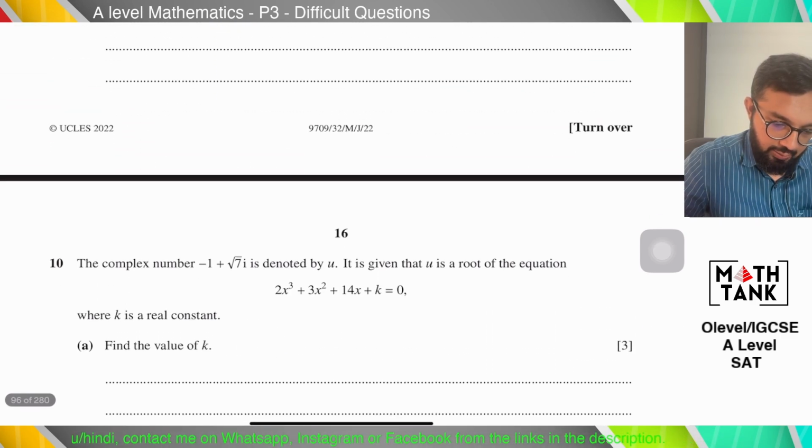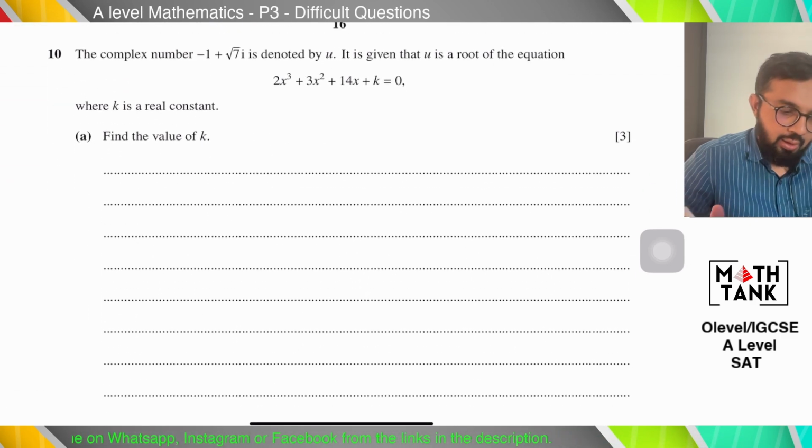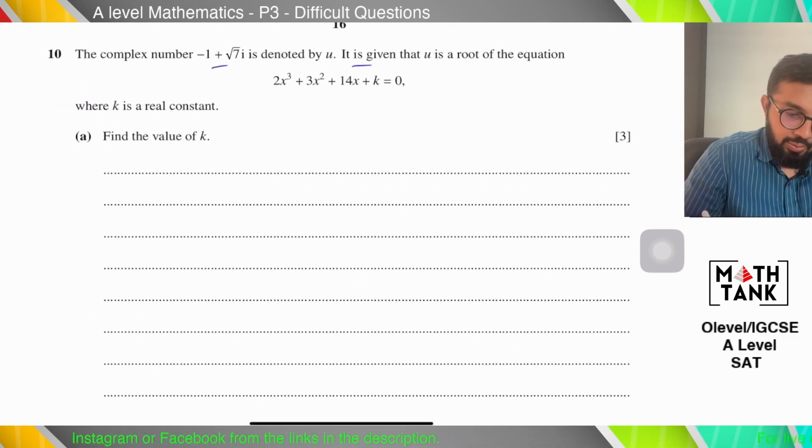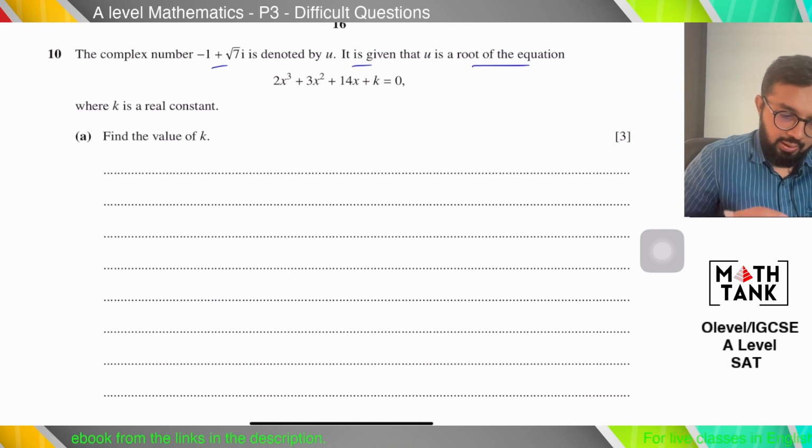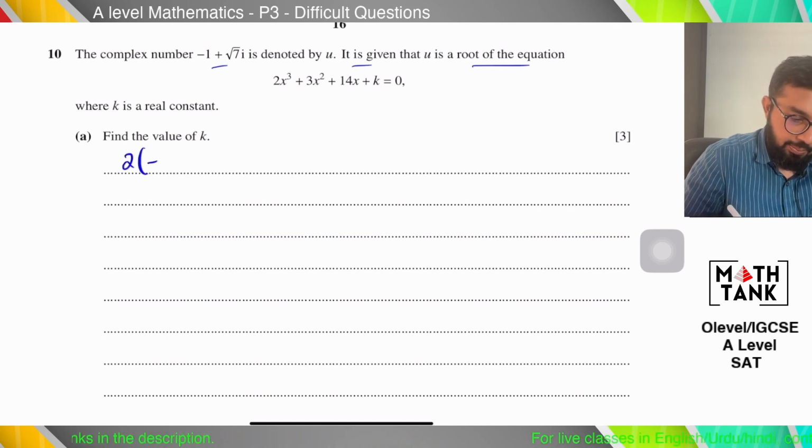That is again from the same paper. It's question number 10. The complex number is denoted by u. It is given that u is the root of the equation. Find the value of k. So I think I can just simply put it here and find the value of k.